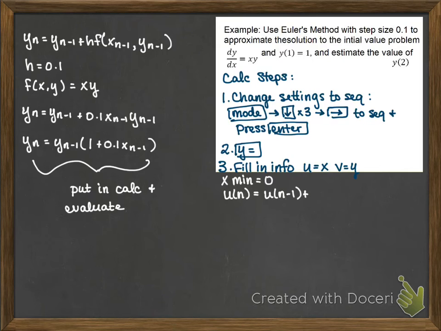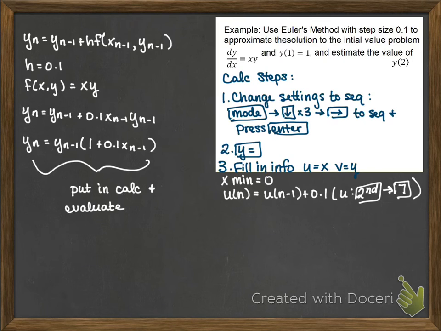Then filling out that information, your x min is 0, u of n, which is the same as x, is u of n minus 1. It's not going to be a subscript like we write. It's just going to be parentheses n minus 1 plus 0.1. This is just your x's.